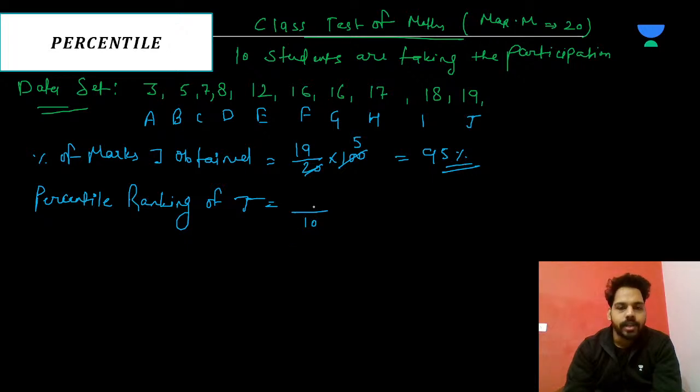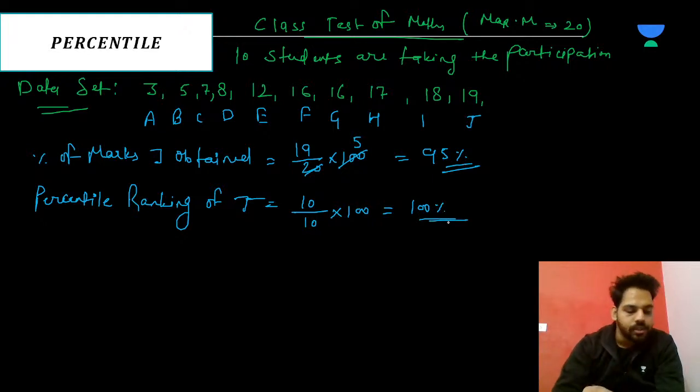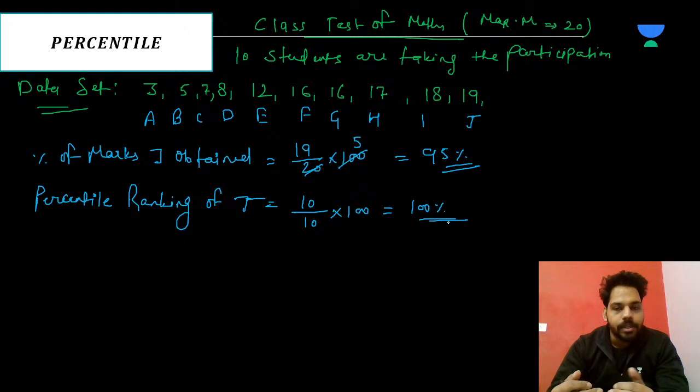Out of these 10 students, at what ranking is he coming? You just write the marks in increasing order. So we check, it is coming on the 10th place. So 10 out of 10 students into 100. That means he is coming on 100 percentile ranking. Understand? According to how many students have given the exam, he has got 100 percentile ranking.